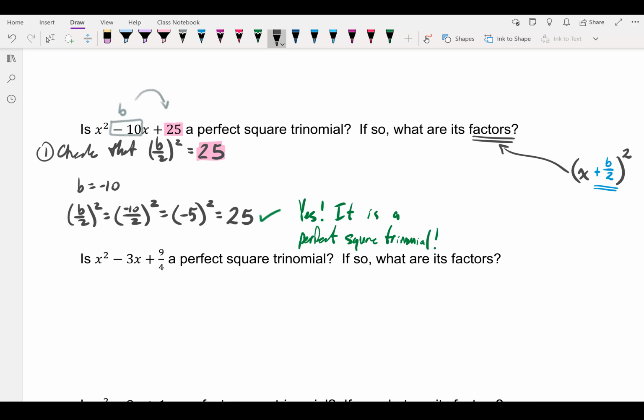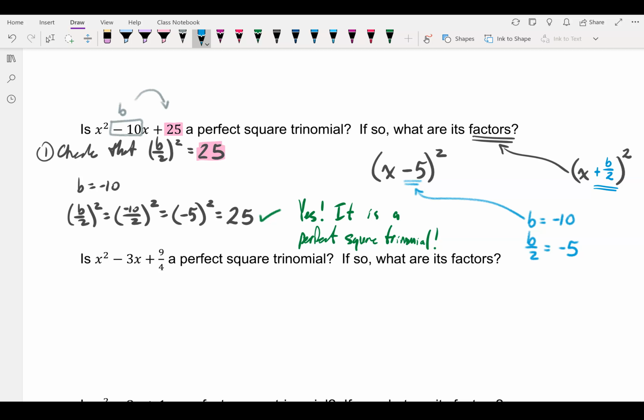So our factors in this case are x minus 5. If you want to know where the minus 5 comes from, it's the fact that b equals -10, so b over 2 must be -5. Okay? Hopefully you're able to make the pieces connect here.